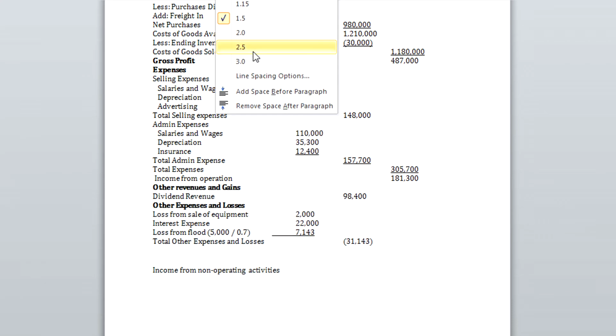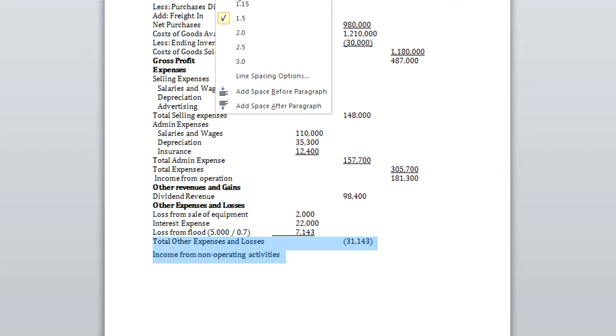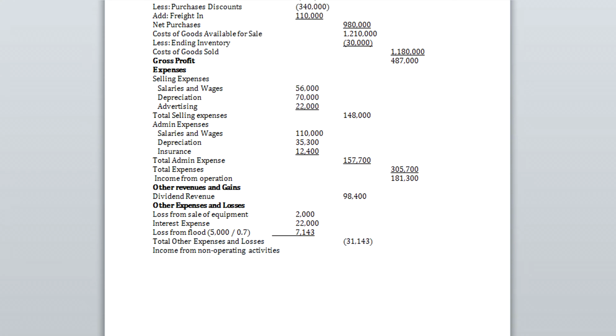And that is just going to be our $98,400 of non-operating revenue, subtracted by our non-operating loss of $31,143. So we get $67,257. Let's add a little something here.